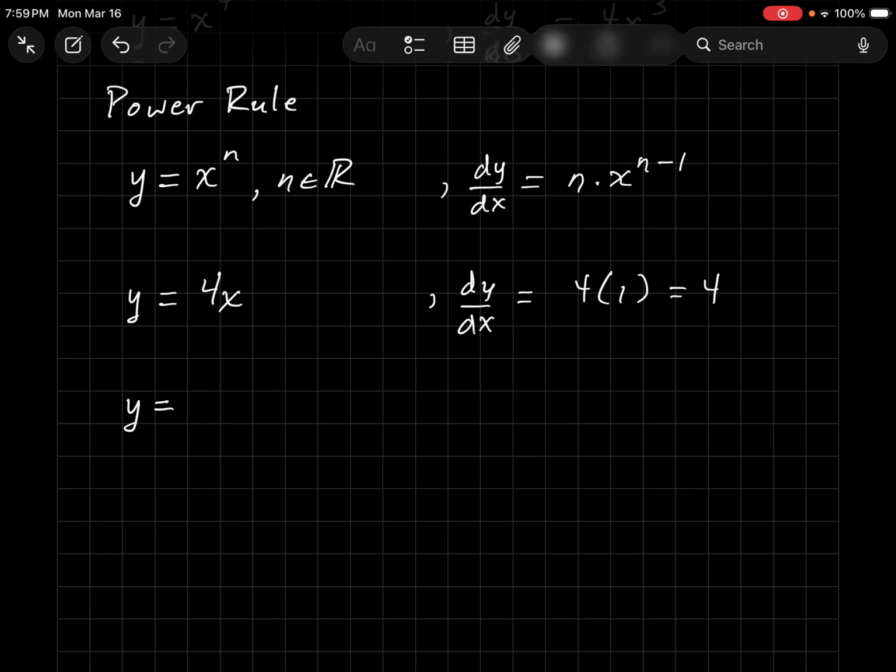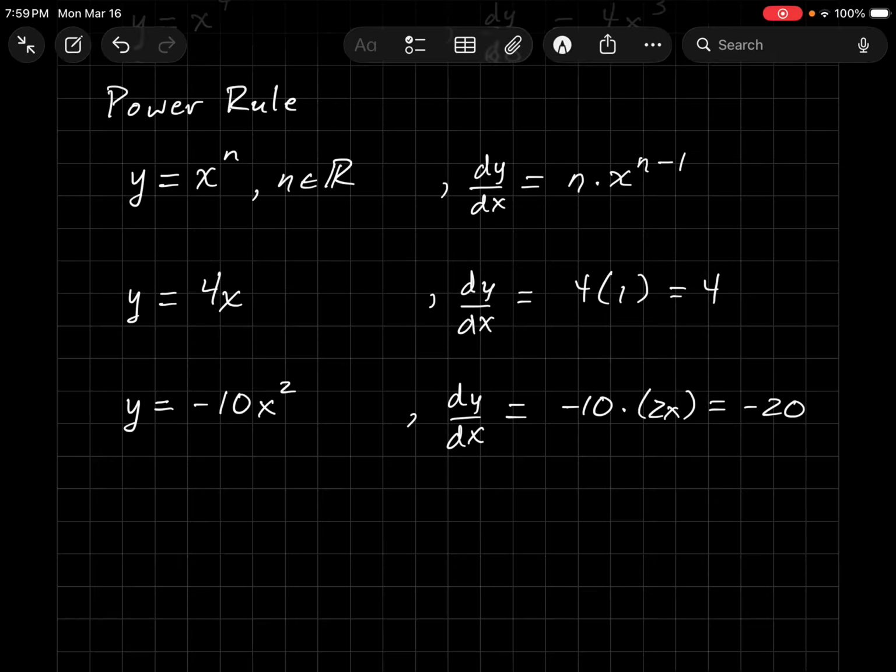What if y equals negative 10x squared? Then its derivative is negative 10 times the derivative of x squared, or negative 20x.